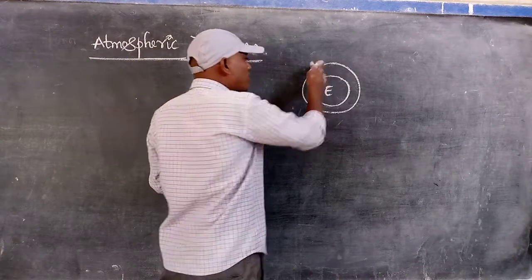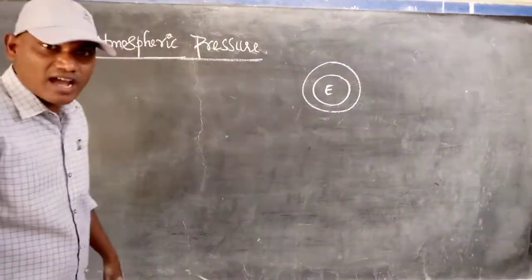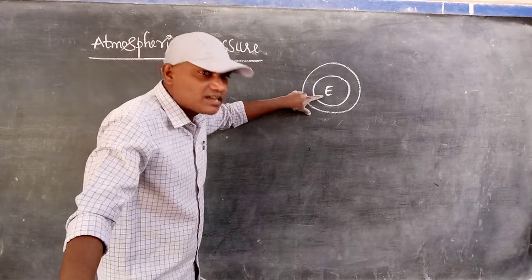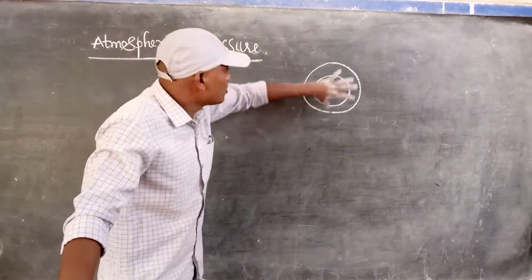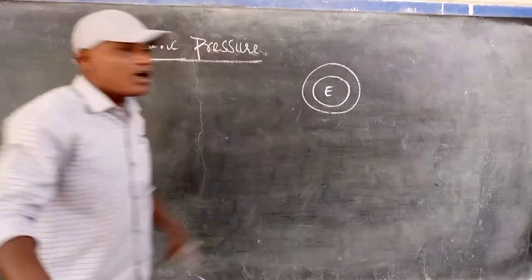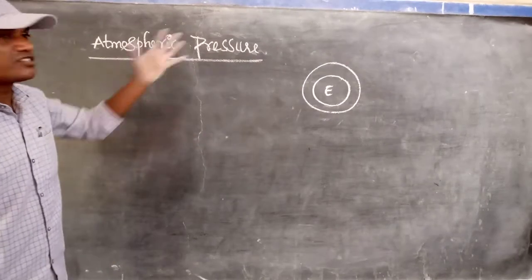What is the shape of the atmosphere around the earth? Spherical shape. Why? Because the earth is spherical, and the air around the earth is also spherical.